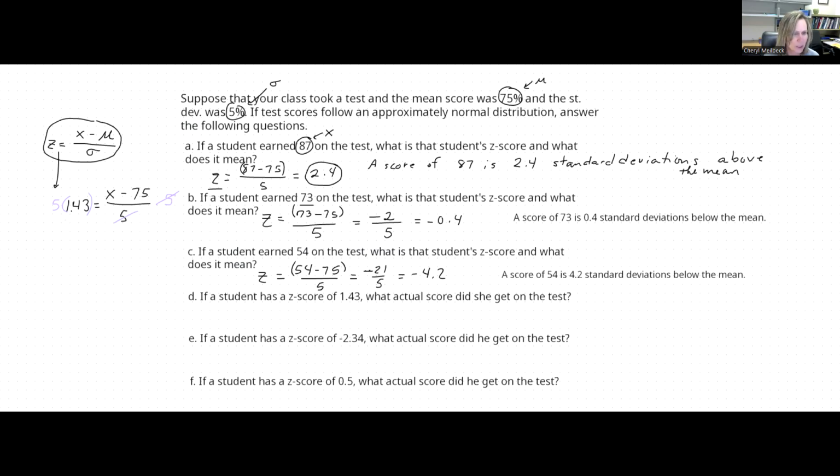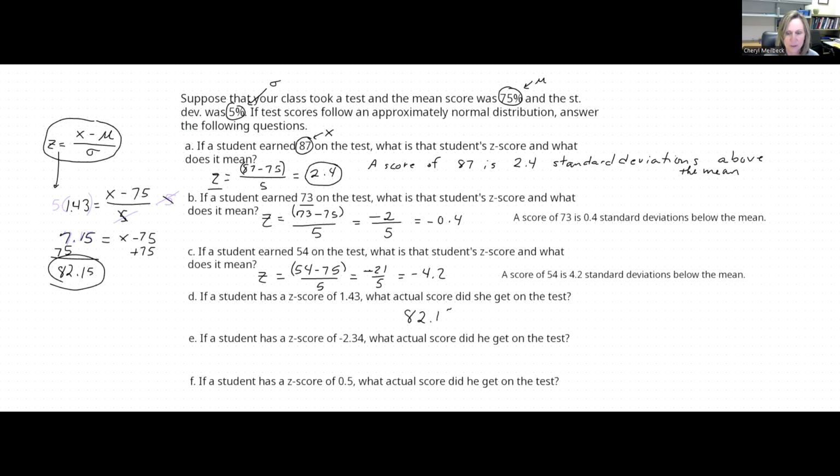And then when we multiply 5 times 1.43, we get 7.15. And that will equal now just the x minus 75 because once again those canceled. To solve this once and for all, we add the 75 to our number here, and we're going to get 82.15.